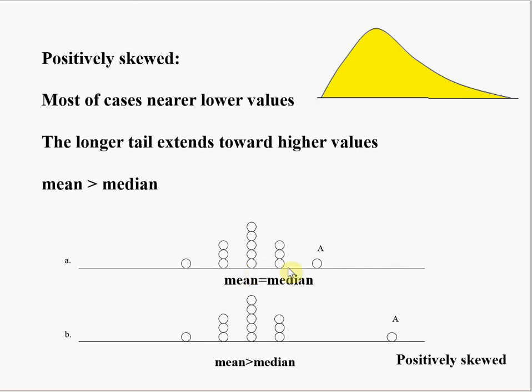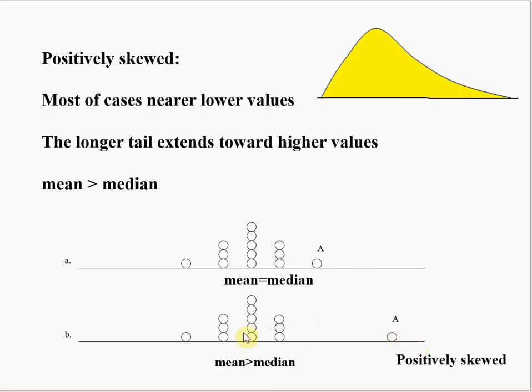Now, if you just move one case to the right, to the direction of a large value, what would happen to the mean? The mean will become larger, because we already discussed that if you introduce an extremely large value, that would tend to pull the mean higher.